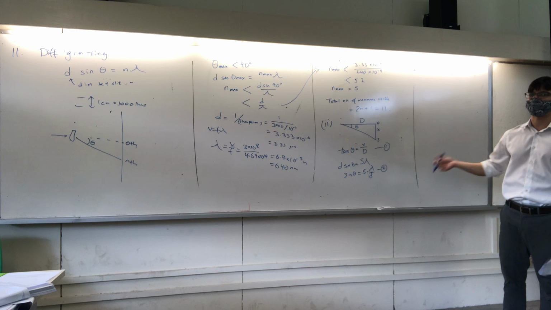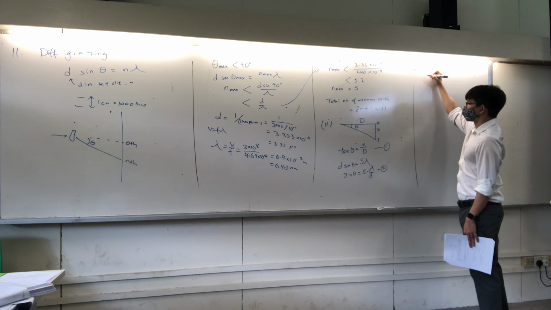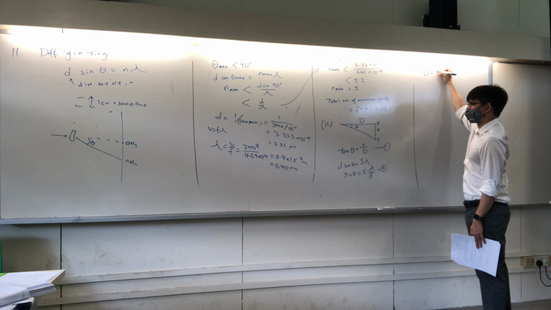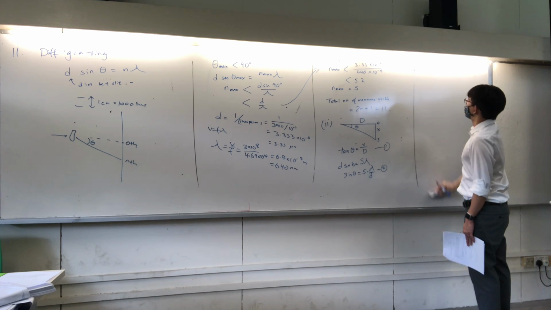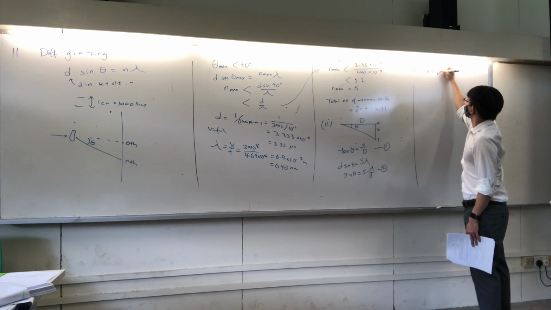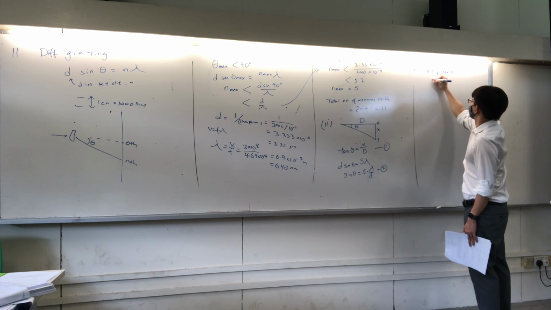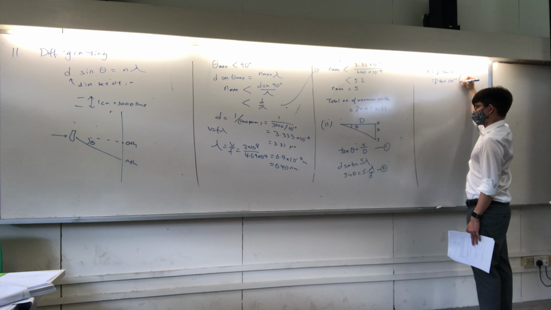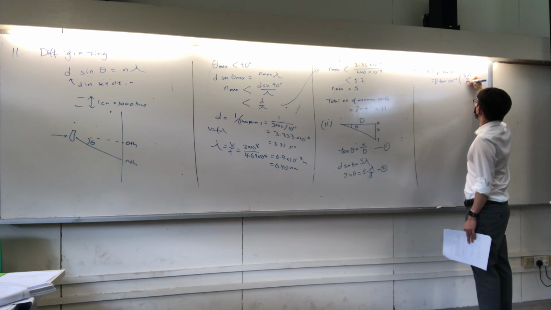So I'm just going to inverse sine and do it. So x equals d tangent theta equals d tangent sine inverse 5 lambda over d.